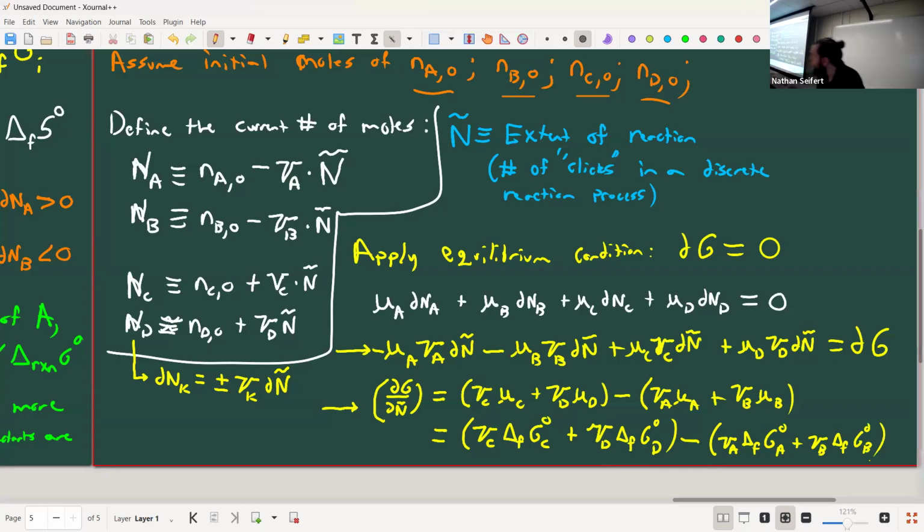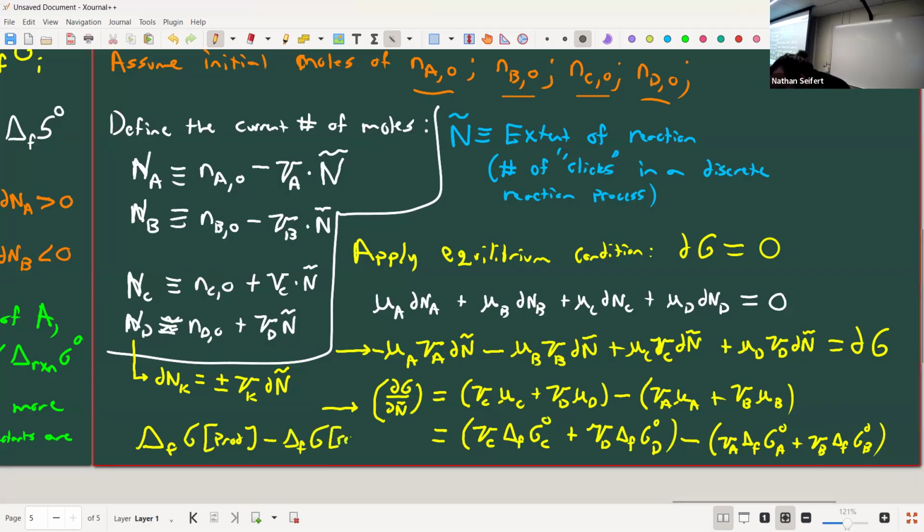There's a lot of alphabet soup here, but this is just the sum of the Gibbs energies of the products minus the sum of the Gibbs energies of the reactants. What is that? That's just the Gibbs energy of reaction. So this is equal to the sum of the Gibbs energies of formation of the products minus the sum of those of the reactants, which is just the Gibbs energy of reaction.